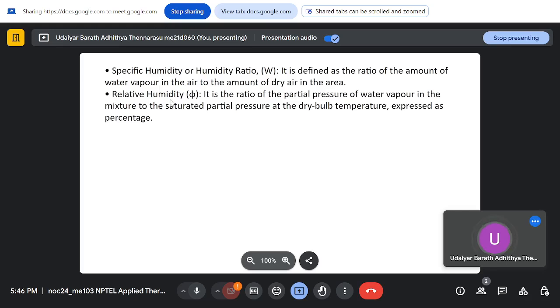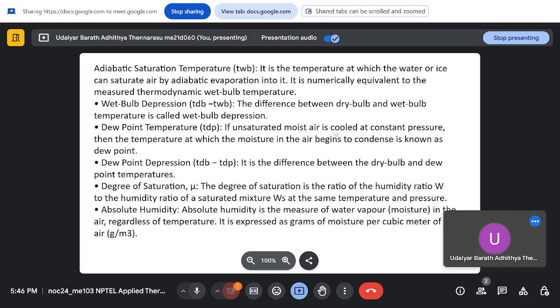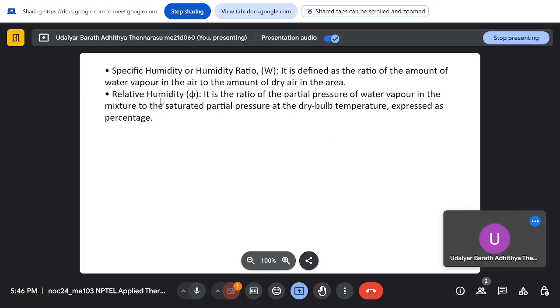The specific humidity is the absolute humidity in terms of meter cube. Relative humidity is the ratio of the partial pressure of water vapor in the mixture to the saturated partial pressure at the dry bulb temperature, so Pv by Pv saturation. That is your relative humidity.